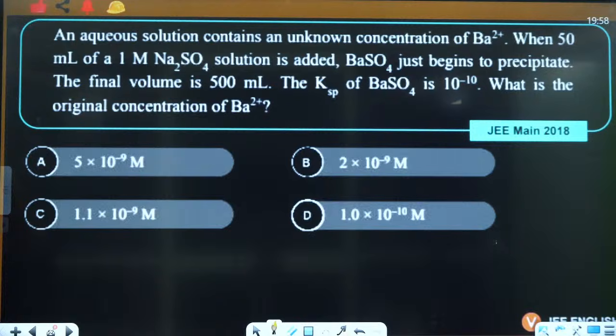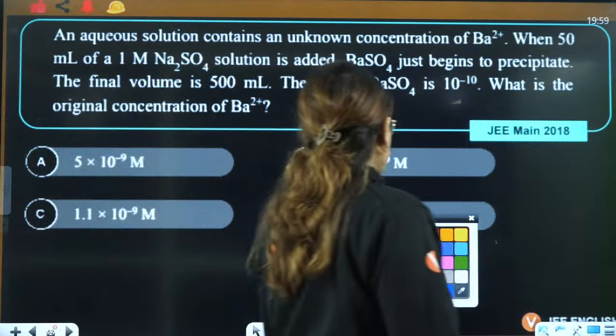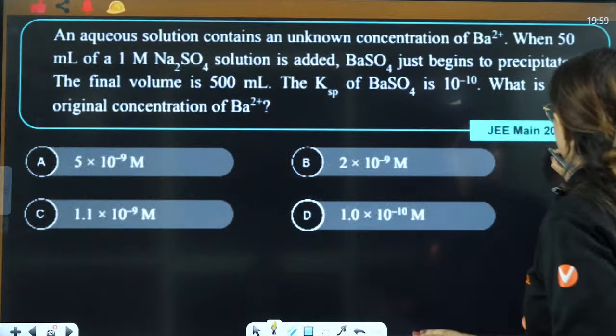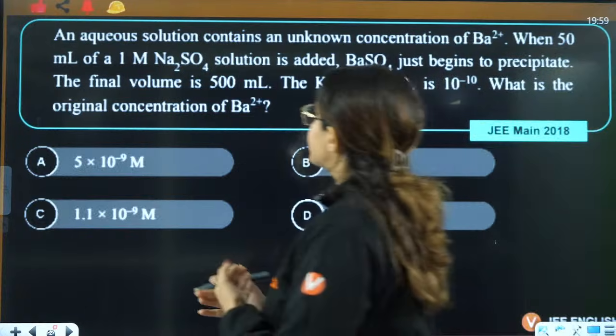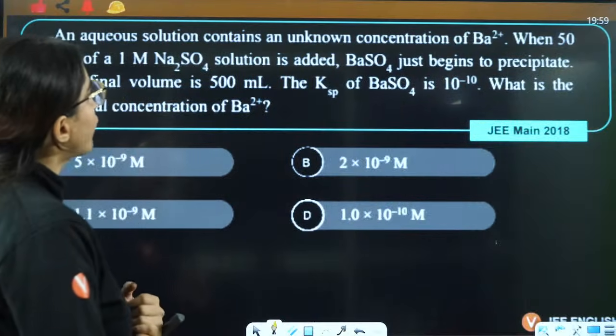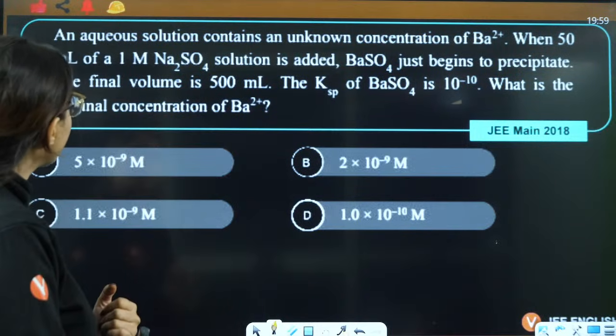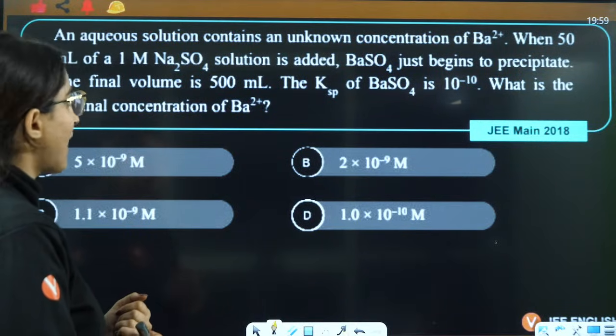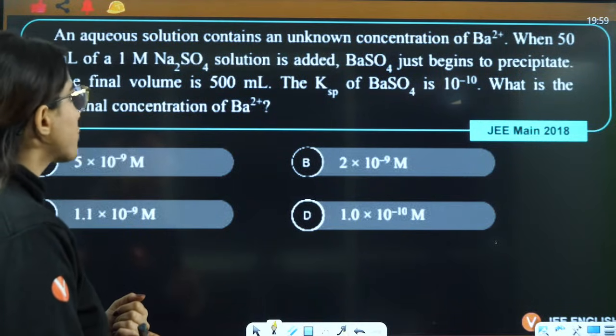Tell me. If you have this, let's see. Here in this case, an aqueous solution contains an unknown concentration of Ba2+ and 50 milliliters of Na2SO4 is added. This just begins to precipitate.